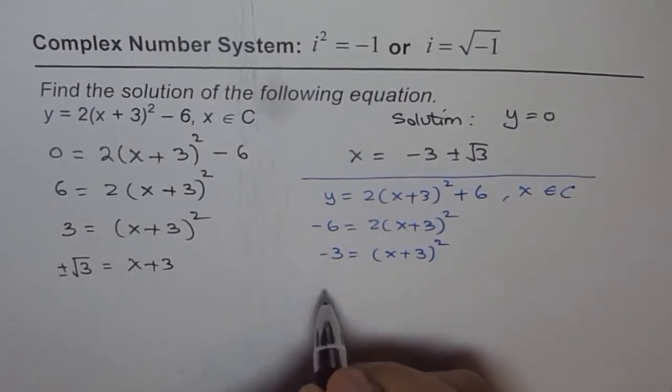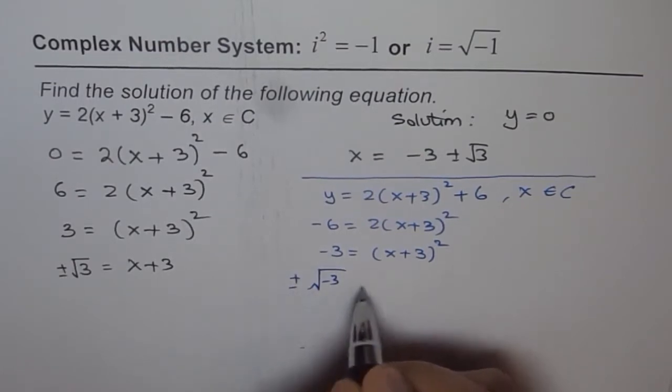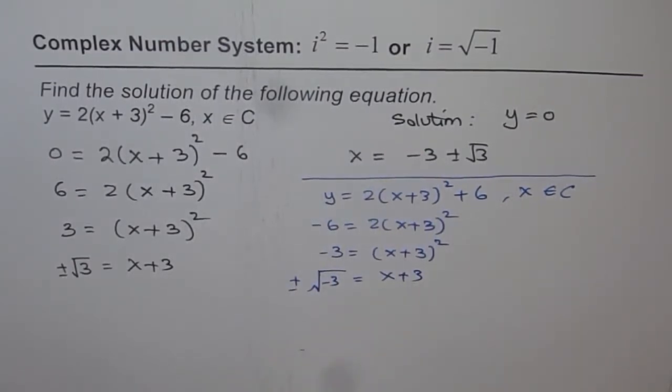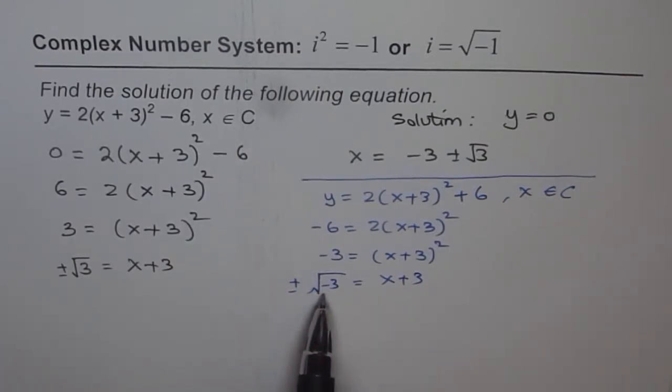Now if I take the square root, I get plus or minus the square root of minus 3 equals x plus 3. Now when you see the square root of minus 3, you'd say there's no real solution. But we are working in the domain of complex numbers, so it has a solution. The square root of minus 1 is i.